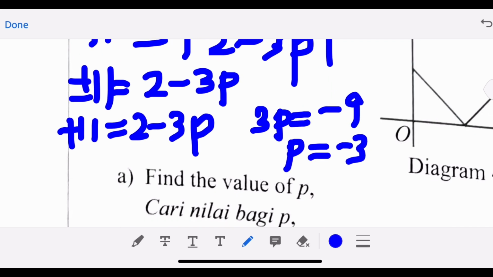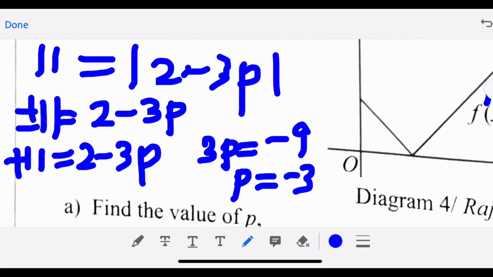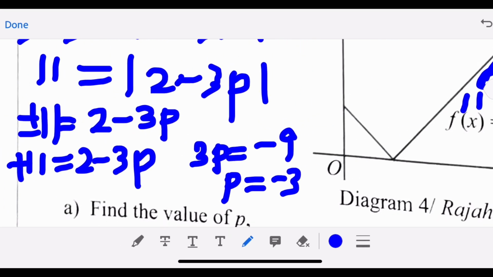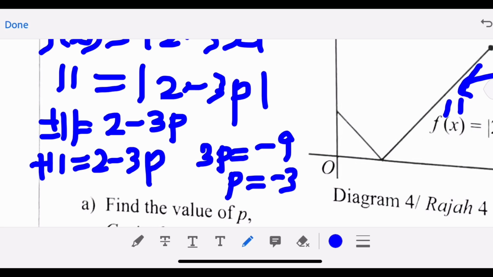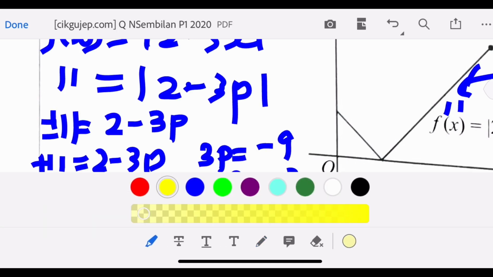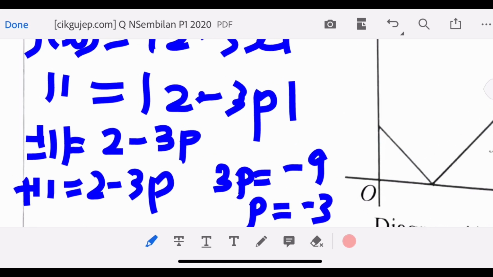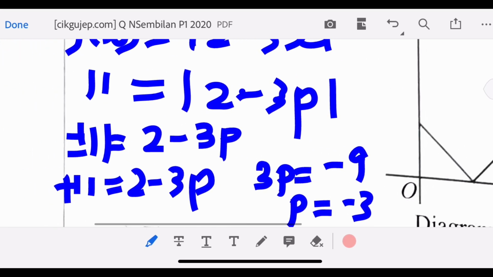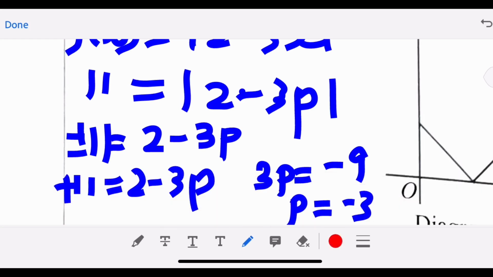If I bring the 3p to the left, then it will be 2 minus 11, which is negative 9. So my p is negative 3. For p equal to negative 3, it seems not related to the graph given because all the x values are positive. So we can just reject p equal to negative 3.